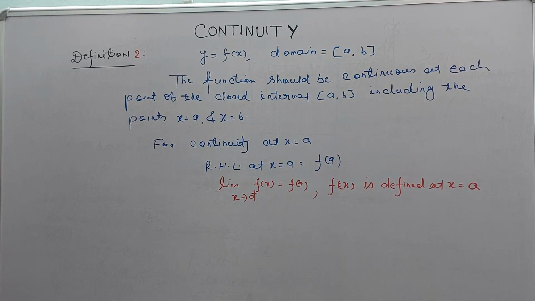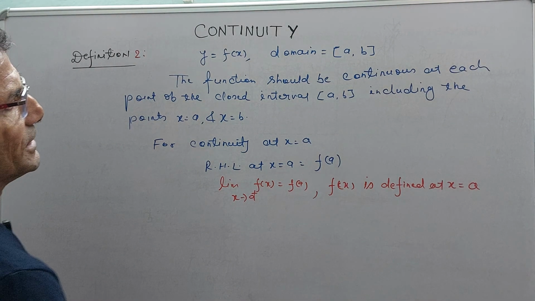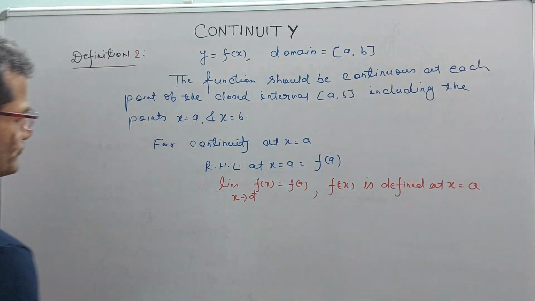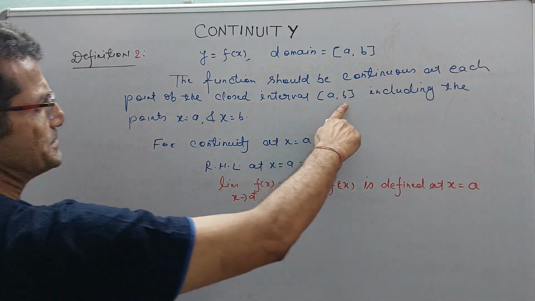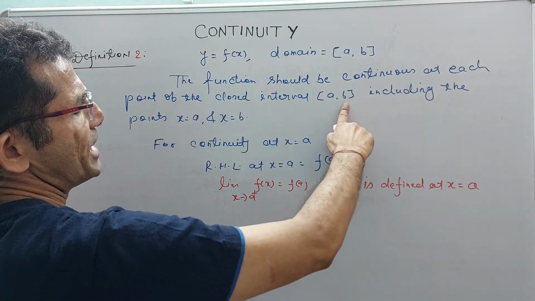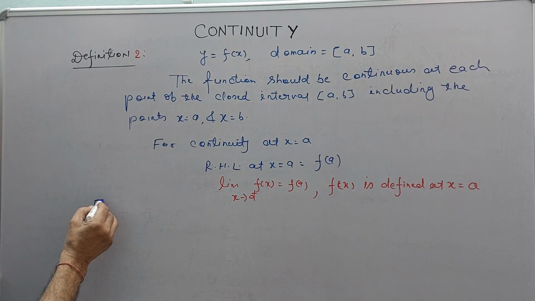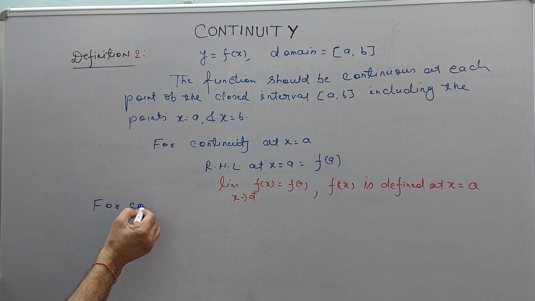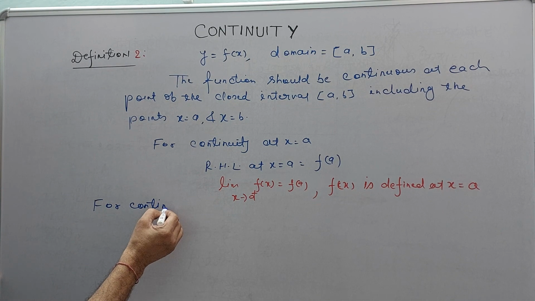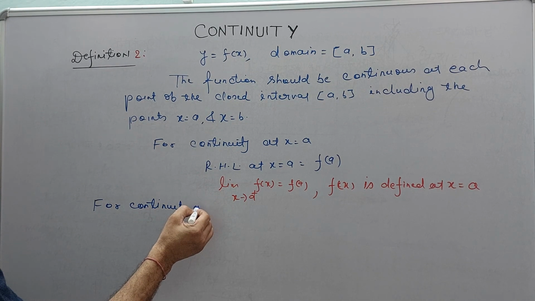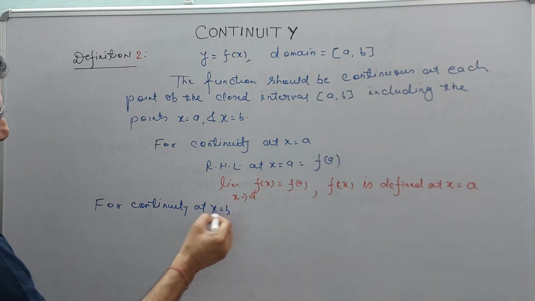Second case, if I find the limit at the point b. Now at the point b, we take only the left hand limit for continuity at x equal to b.